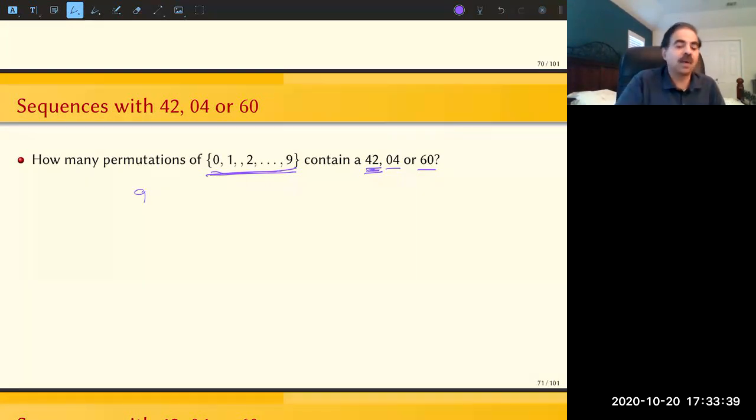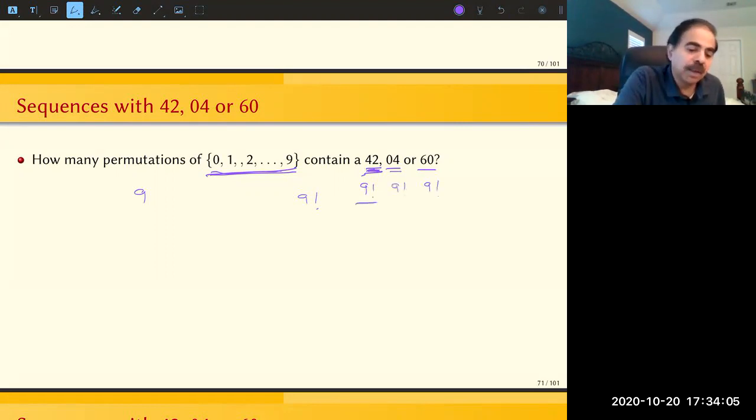Now I can think about the permutations of these 9 numbers. So that'll give me 9 factorial for the permutations that contain a 42. Similarly, this is 9 factorial, this is 9 factorial, and this is 9 factorial.